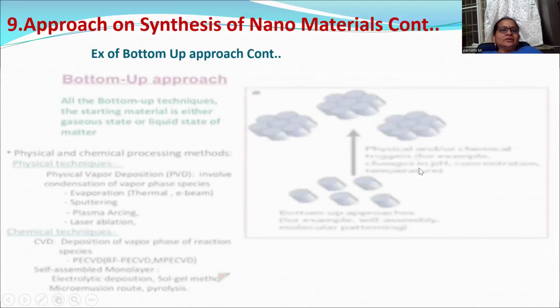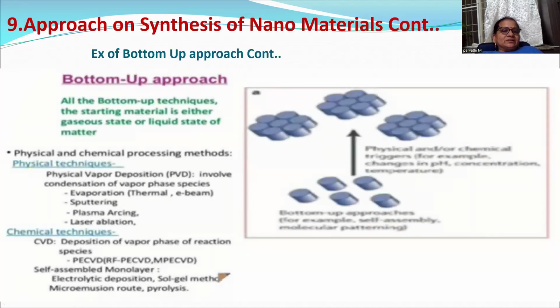So, few more slides with the different examples, like physical and chemical processing methods, physical technique, physical vapor deposition, which involves condensation of vapor phases. So, evaporation, sputtering, plasma, laser ablation, all these processes come under physical technique, whereas CVD, chemical vapor deposition.